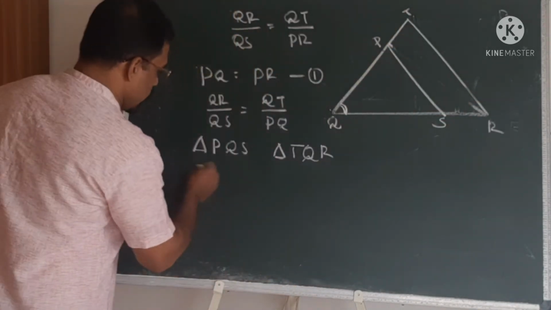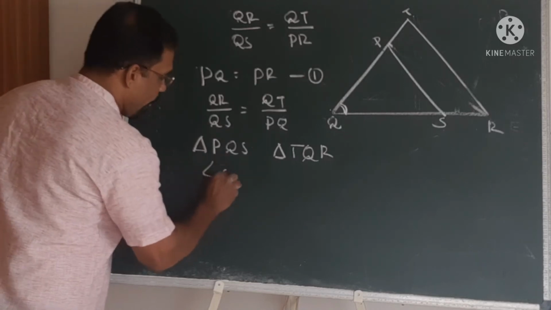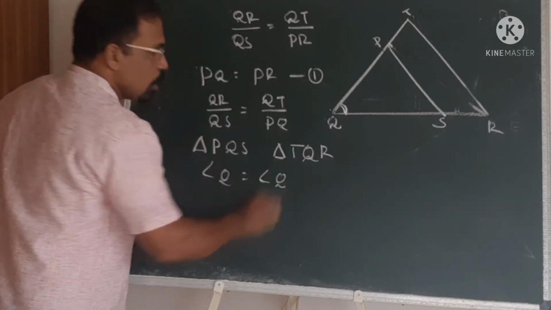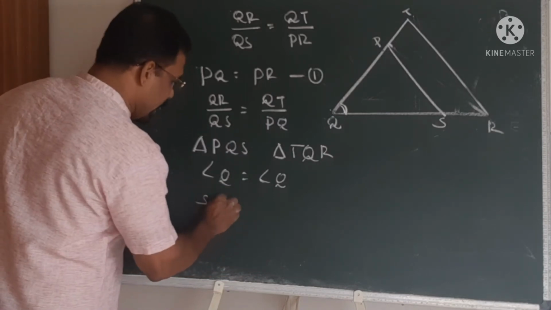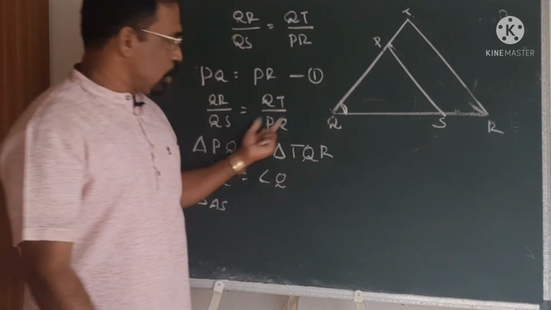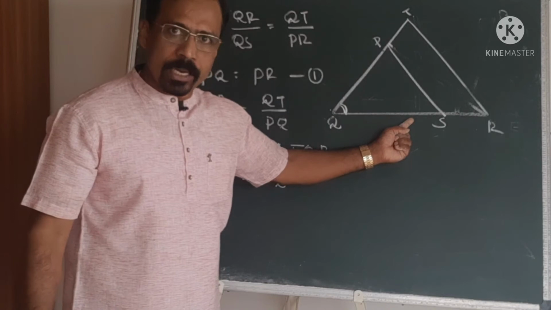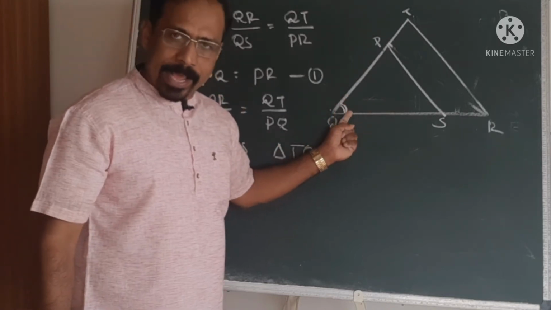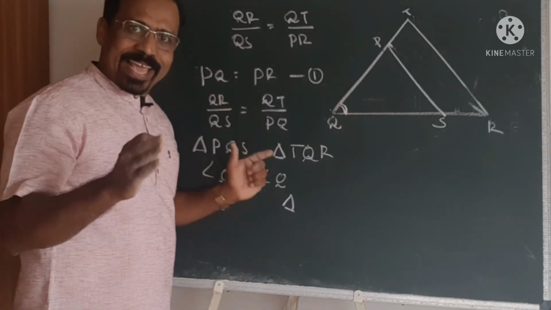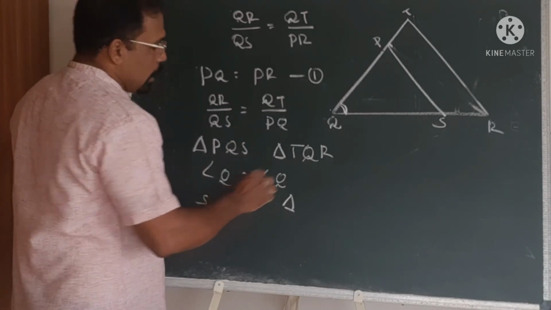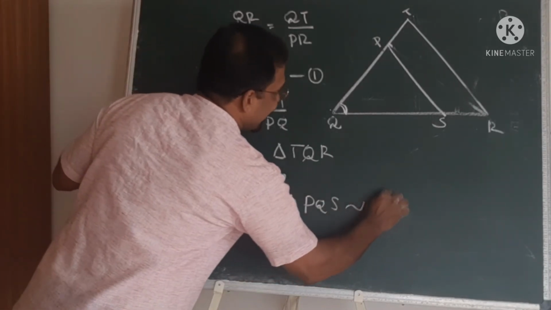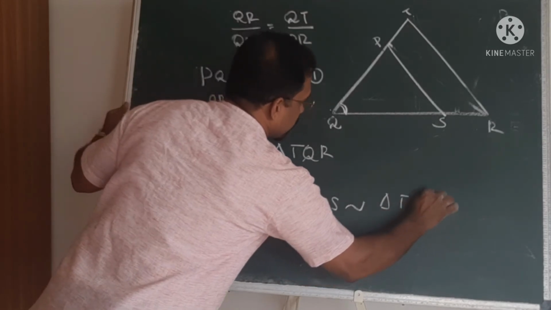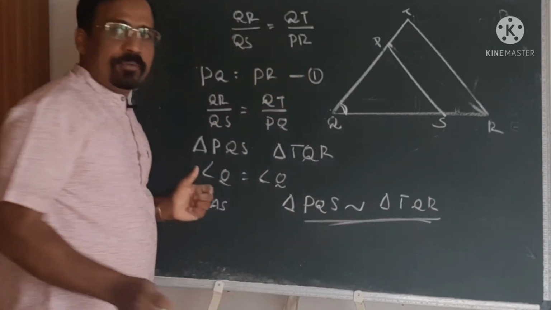So angle Q is equal to angle Q. Therefore, according to SAS criteria, side angle side criteria, because the sides are proportional and the included angle is the same, triangle PQS is similar to triangle TQR. This is what we have to prove.